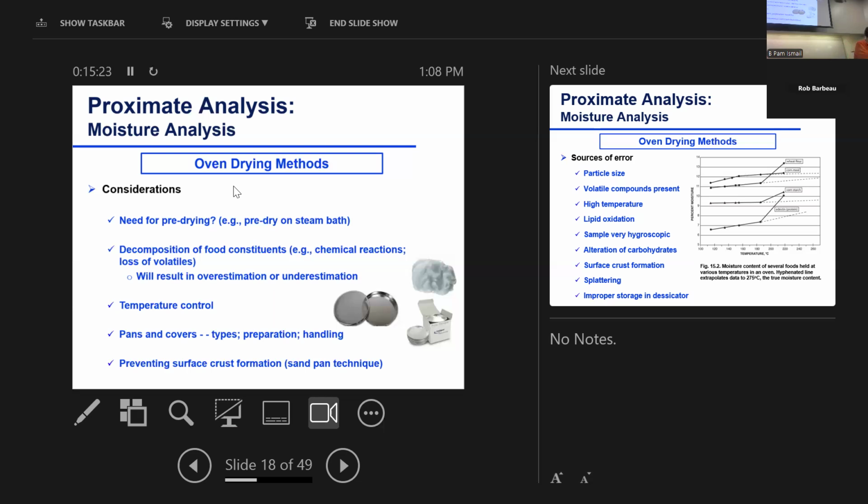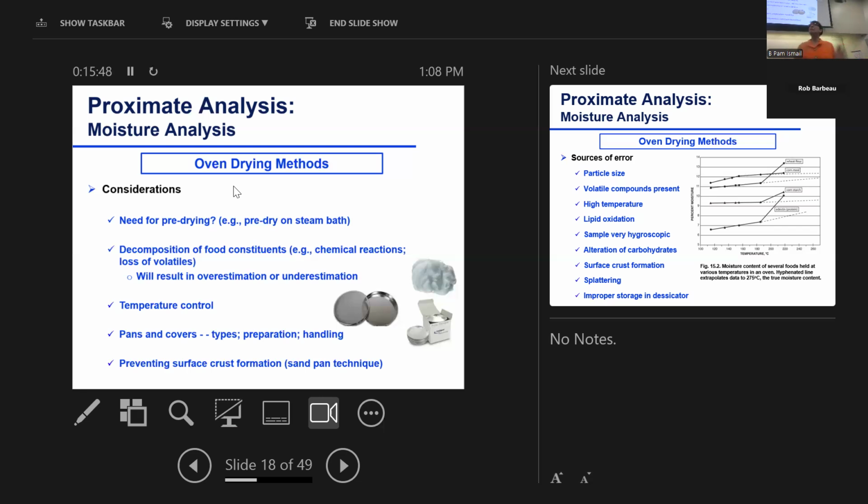So you underestimate the moisture when you determine it by difference. Sometimes we lose volatiles like flavor compounds. Does that cause under or overestimation? Overestimation, because less total solid will remain after some of the volatiles are volatilized, so we overestimate moisture content.